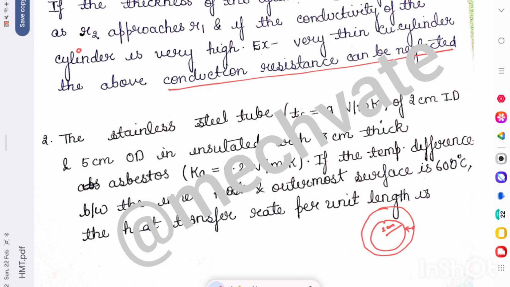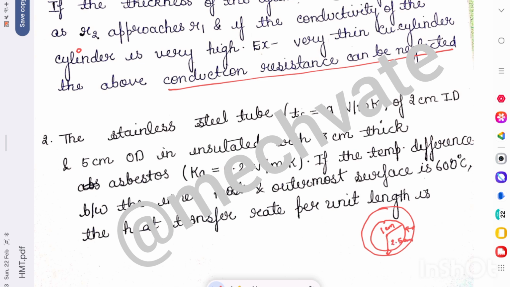Sorry, this is the radius, so the radius is 1. The diameter is 2.5, so the radius is 2.5 centimeter.